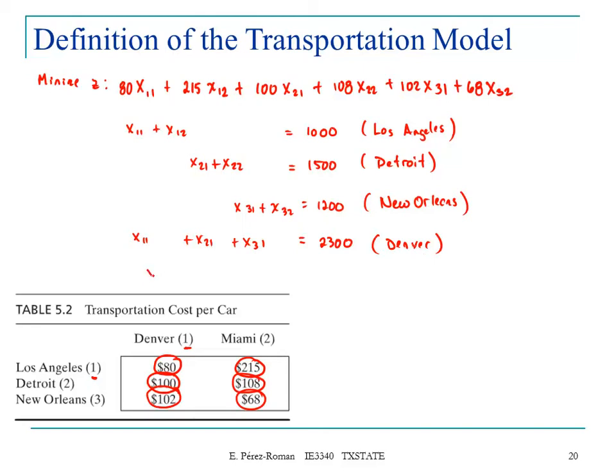And X12 plus X22 plus X32 equals 1,400, and this is Miami. And the non-negativity constraints: Xij should be greater than or equal to 0 for i equals 1, 2, and 3, and j equals 1 and 2.